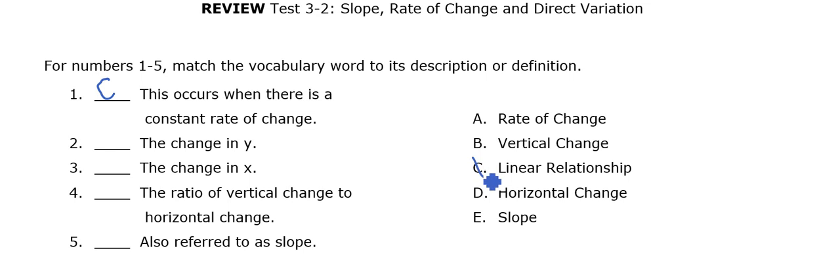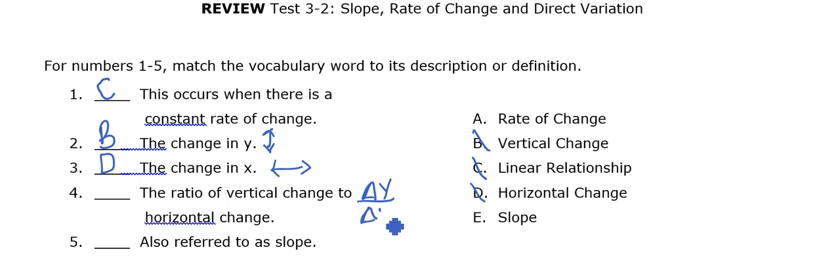The change in Y can also be referred to as my vertical change, so B. The change in X can be referred to as my horizontal change, D. And the ratio of vertical change to horizontal change, so if I write it as, in this case, change in Y over change in X, that's referred to as my slope.